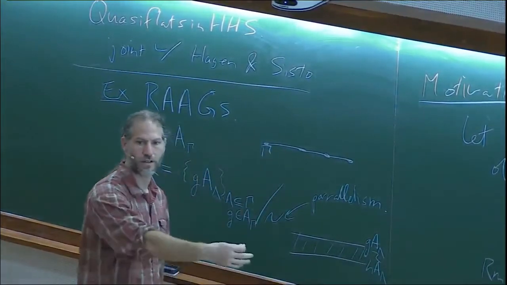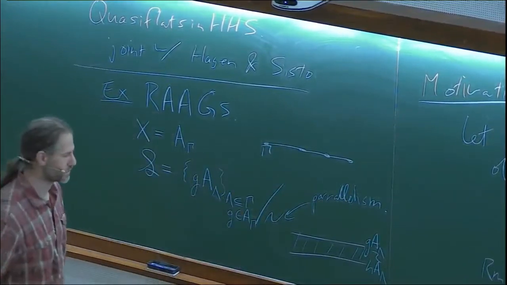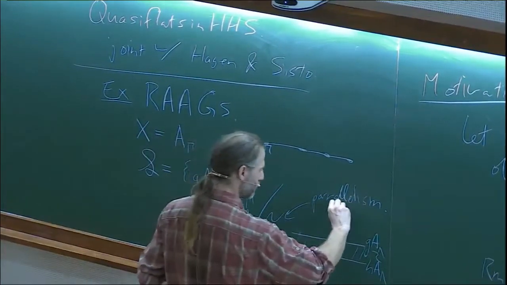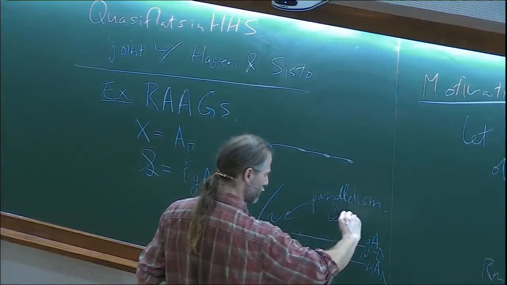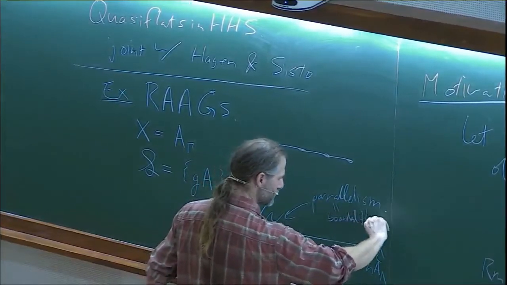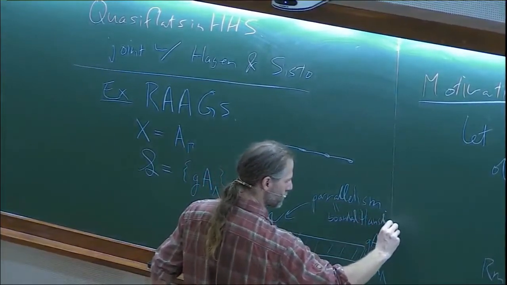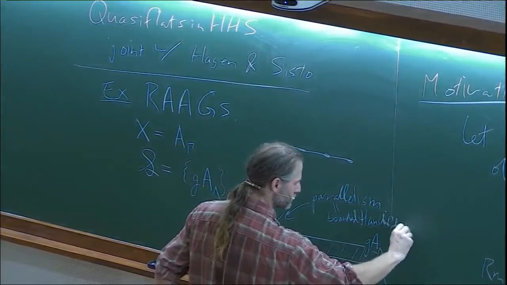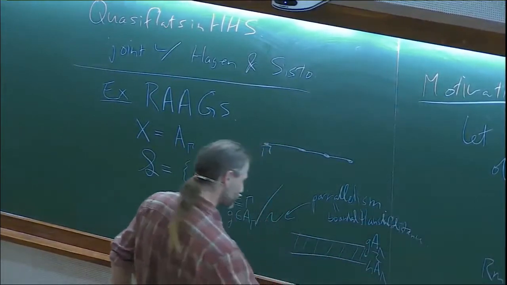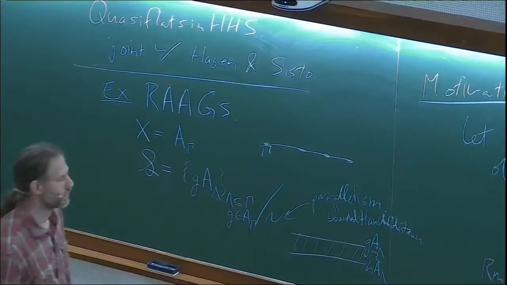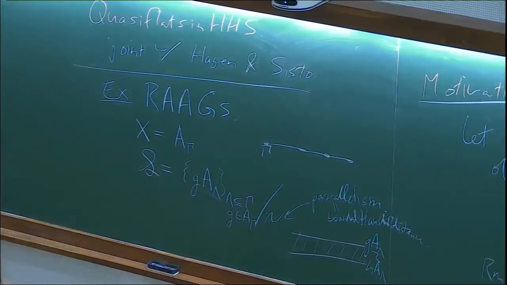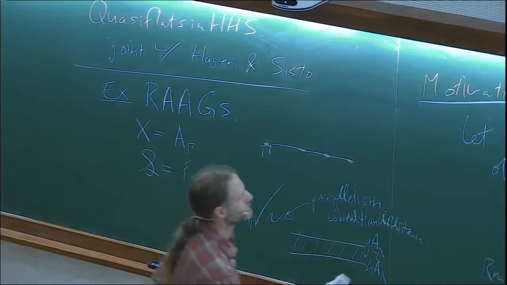It's just bounded Hausdorff distance between these cosets. So you have one representative of each parallelism class.